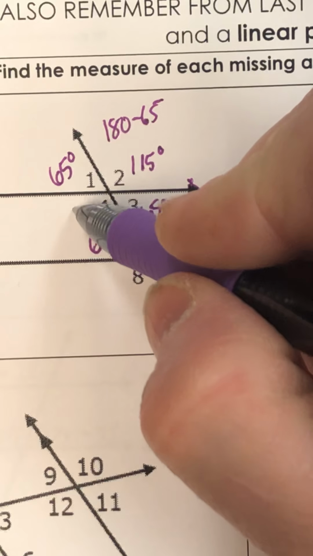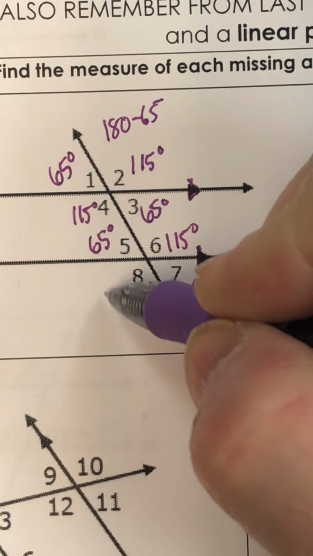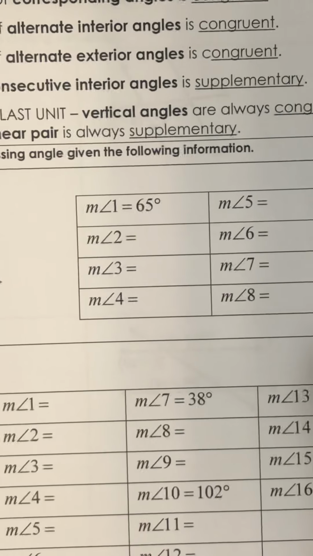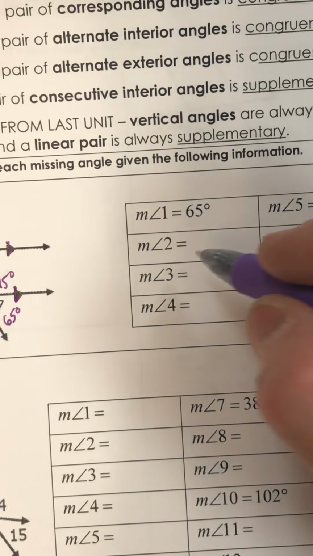So that means 4 is 115. Alternate interior, vertical. Okay, so you can just fill in all those, and then we can come over here. You can fill that in on your paper. What was angle 2? I'm going to look back. 2 was 115.